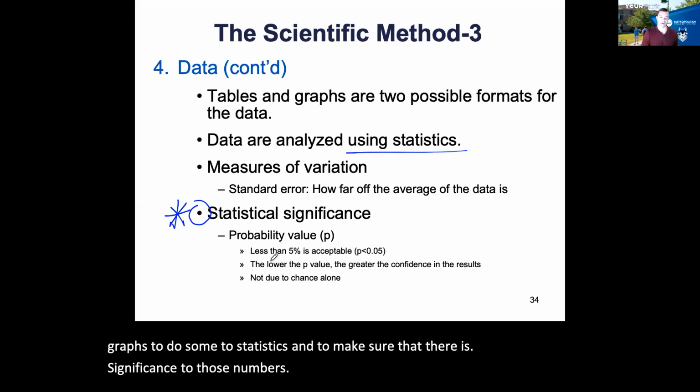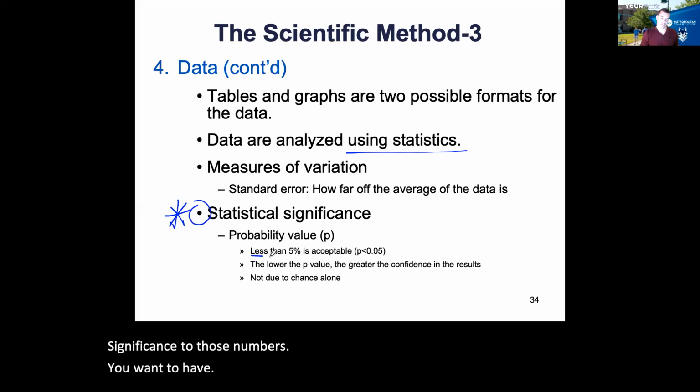You want to have a probability of less than 5%, okay? The closer you get to zero, the closer that specific variable was a direct cause to the outcome, okay?